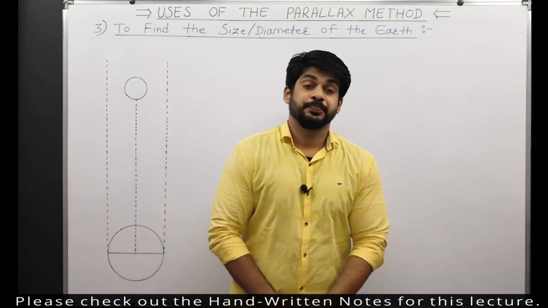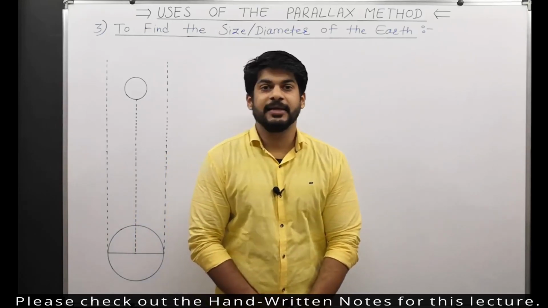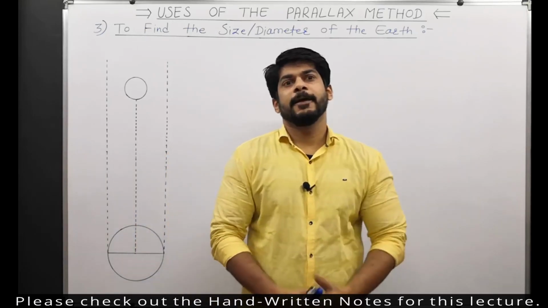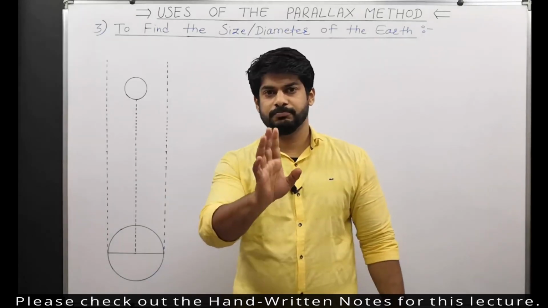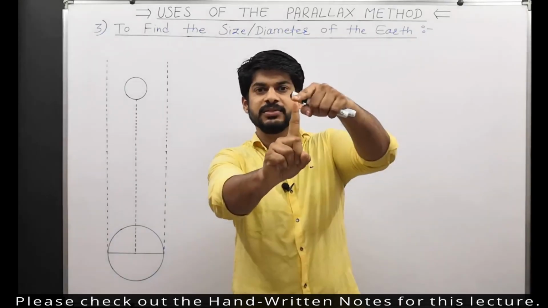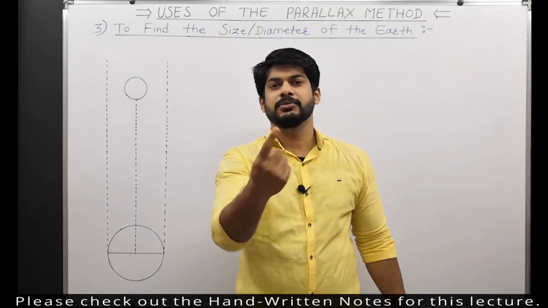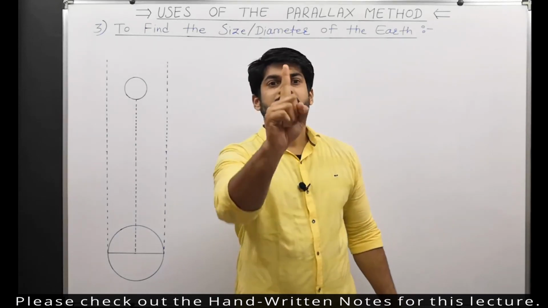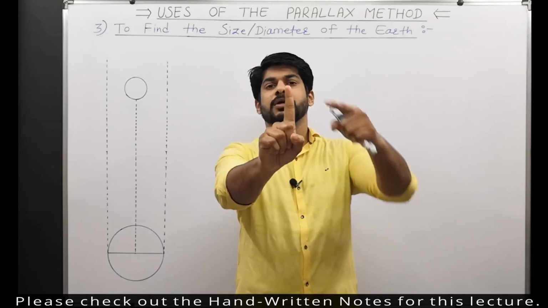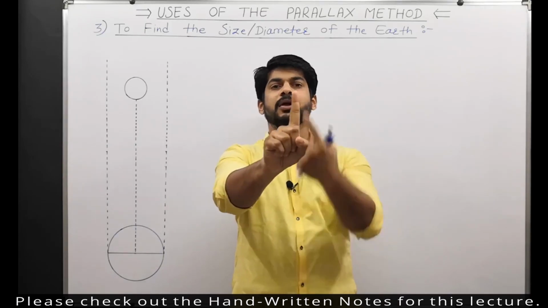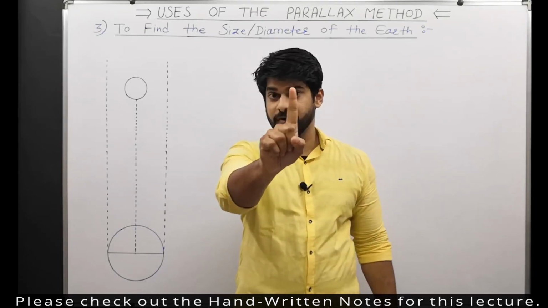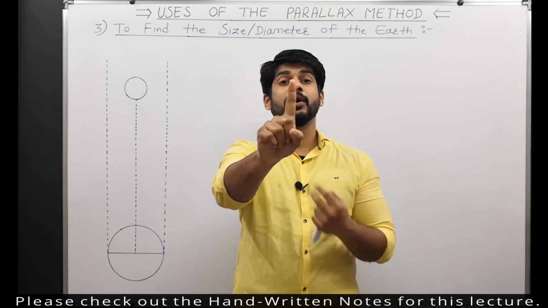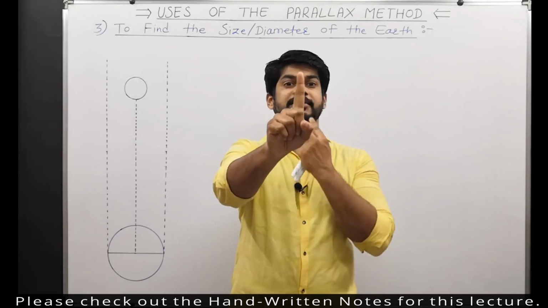So let's see what this parallax is. Suppose you consider this finger. You can do the same thing I am doing at your place. This finger is right now in front of me and I am observing it with my eyes.